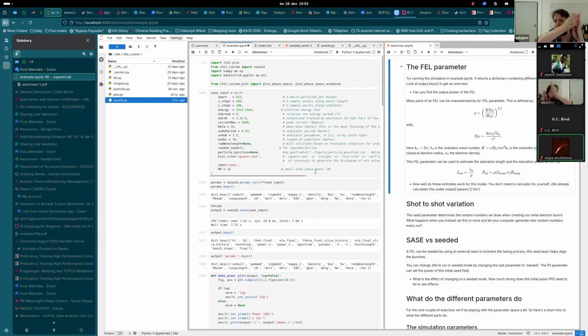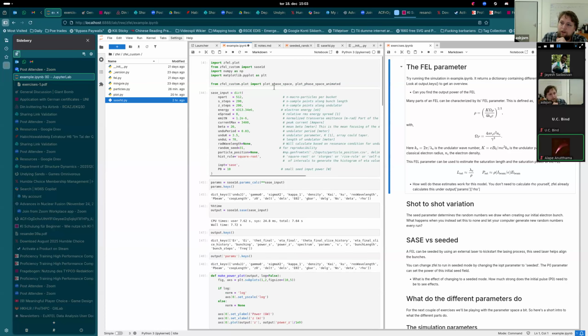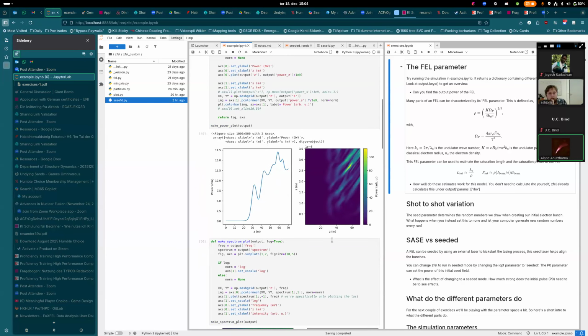Stepping through the electron bunch is the coordinate S, and when we move it forward to the next undulator step, that is the coordinate Z. Okay, got it. So we have 200 steps along this distance of 70 meters.